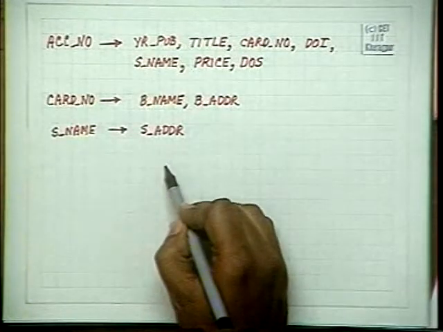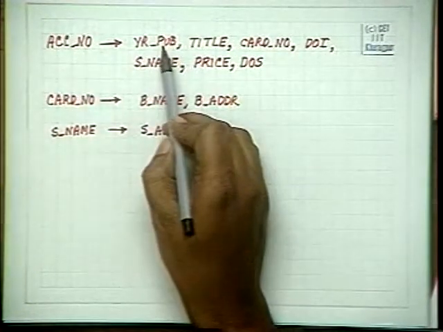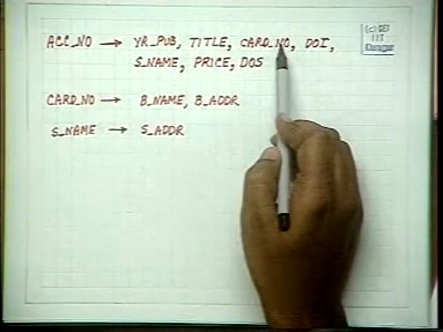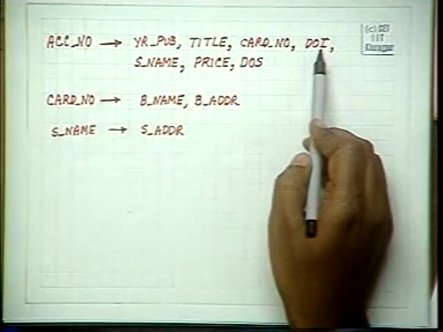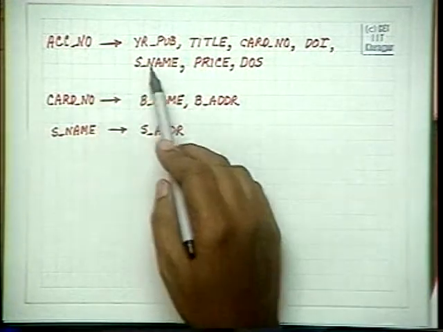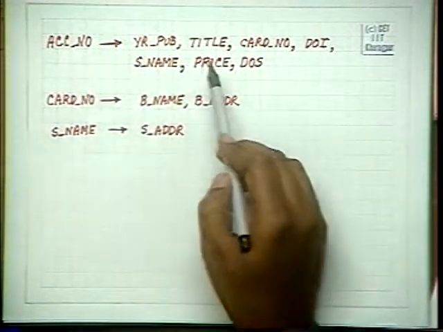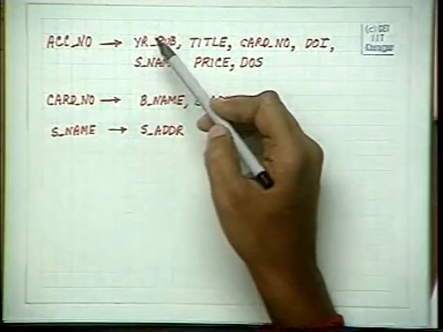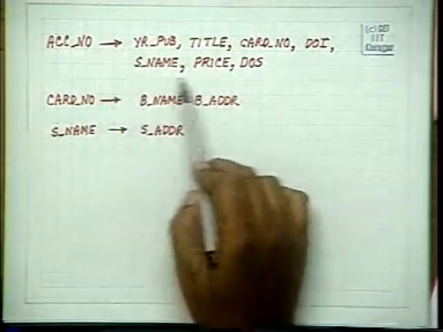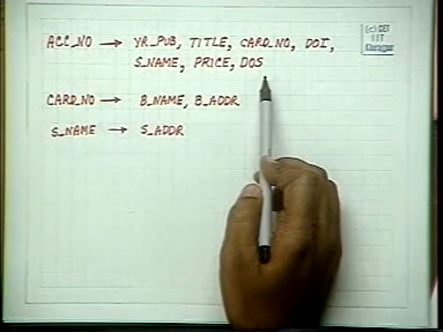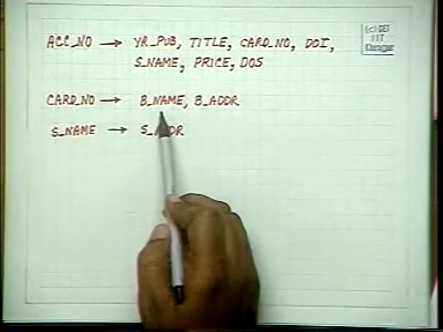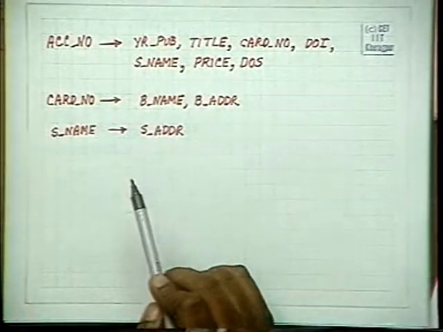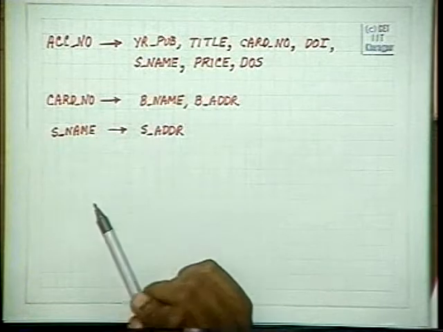Actually, what we had was accession number gives year of publication, accession number gives title, accession number gives card number, accession number gives date of issue, accession number gives supplier's name, accession number gives price, and accession number gives date of supply. Instead of writing them independently, we can write them one after another like this as also. Similarly, card number gives both borrower name and borrower address, and supplier's name gives supplier's address. These are the functional dependencies that hold here.